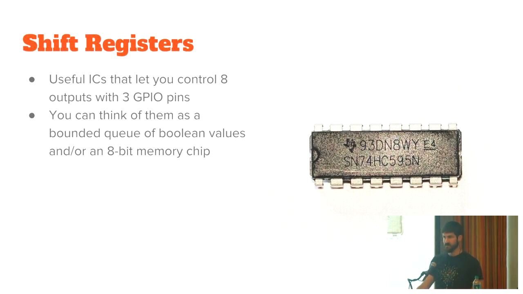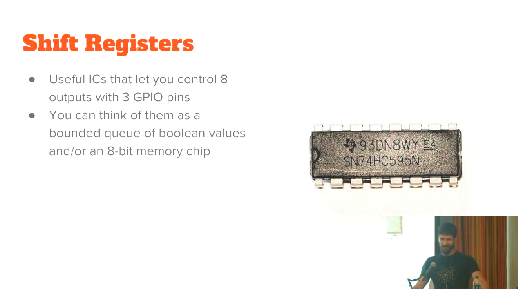There are better ways to do this, as I've discovered going through this project, but the shift register was the first thing I found for expanding the number of outputs on my device with only a limited number of pins. You take 3 pins from your Raspberry Pi and you can control 8 pins on these shift registers.